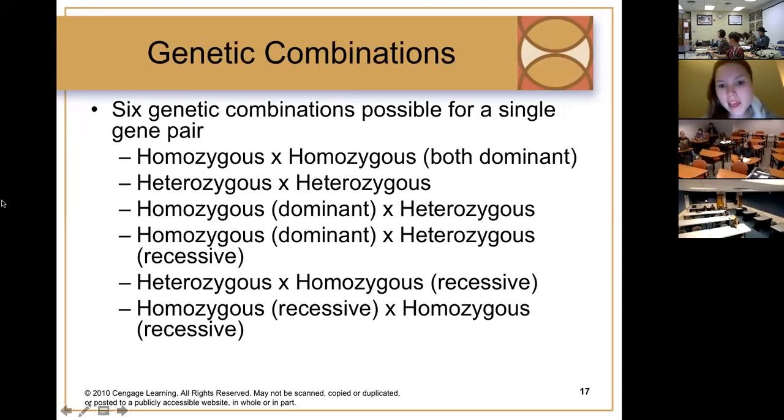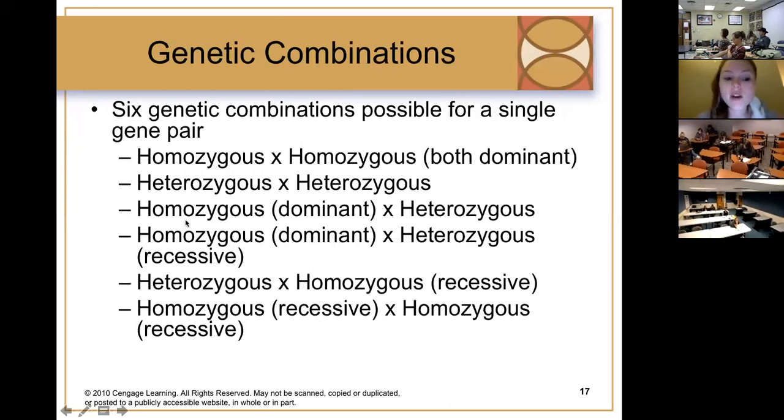This will probably make a little more sense once we get to the example. But there are 6 genetic combinations possible for a single person. For each trait, you would be either homozygous or heterozygous. So if you have a dam and a sire, one of them could be homozygous for that trait, and the other one could be homozygous too. You could have both of them being heterozygous.